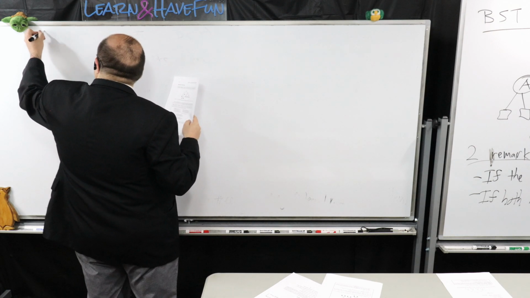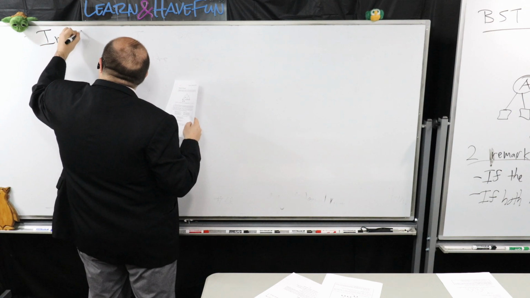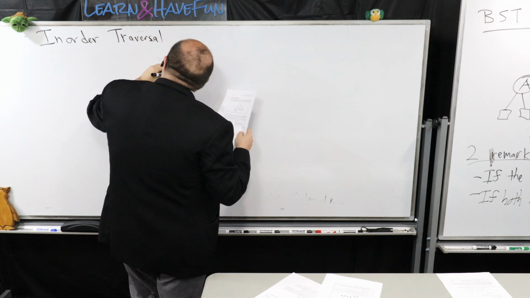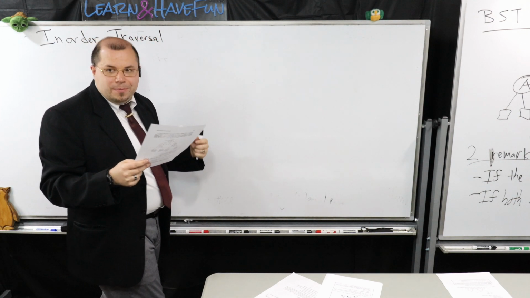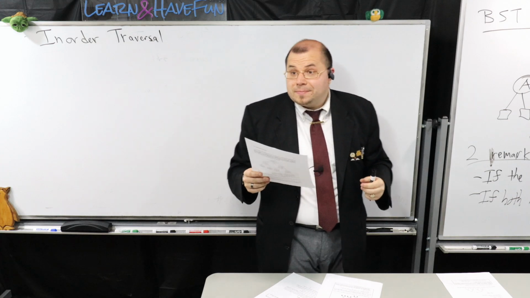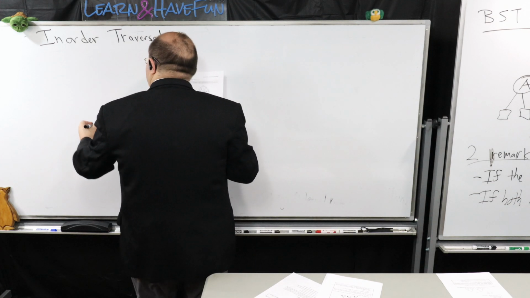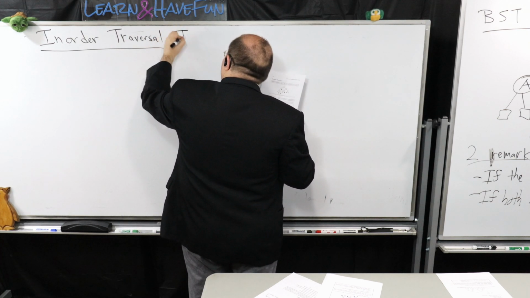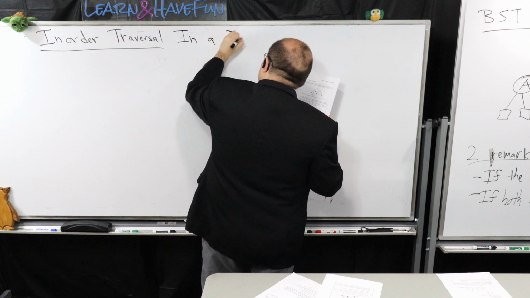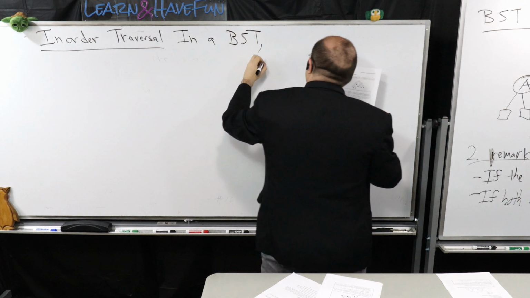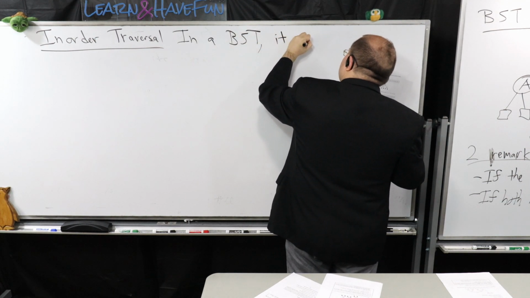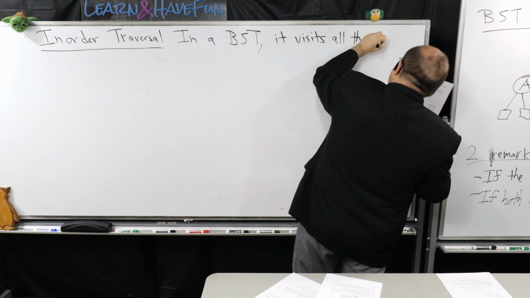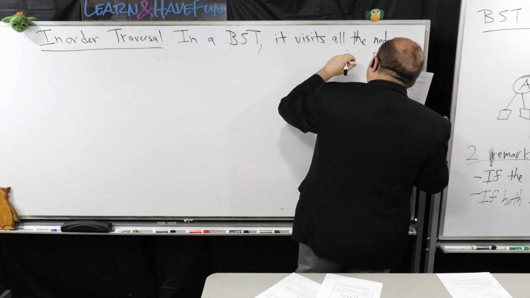So we're going to talk about what we call an in-order traversal. This is an additional traversal approach you can use specifically when you have the binary search tree property in place, or something akin to it. As you're going to see, we can generalize this idea later on in the course. So in a binary search tree, it visits all the nodes, specifically the keys.